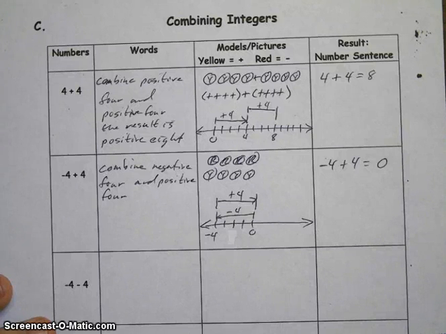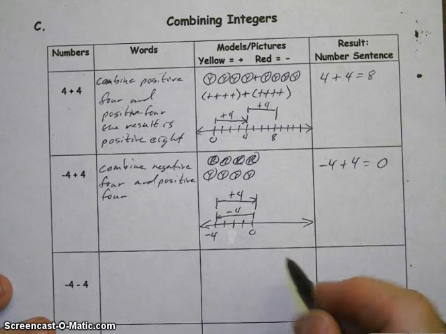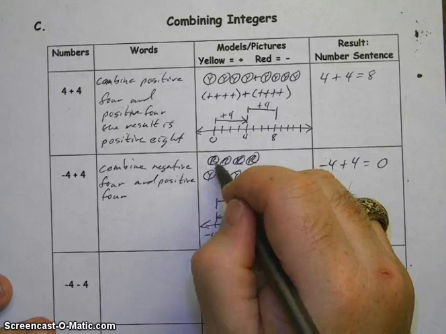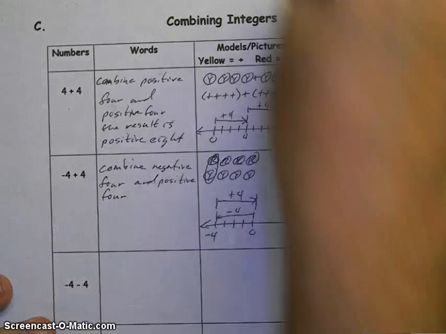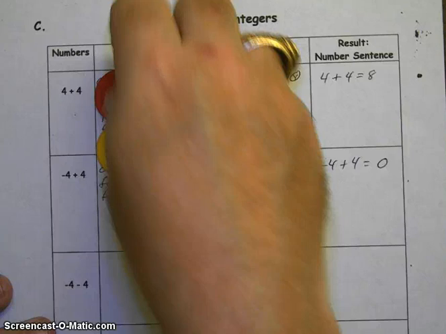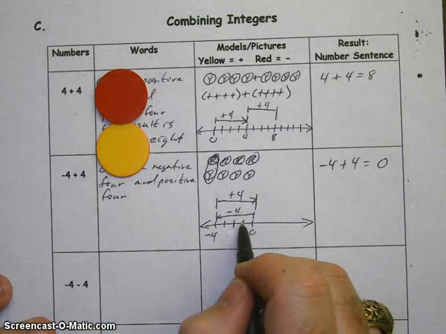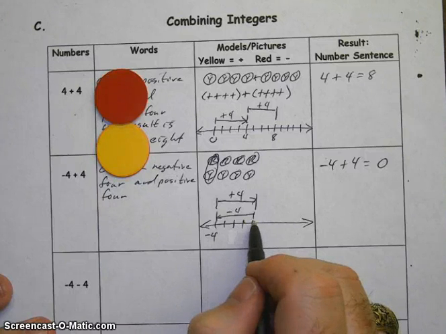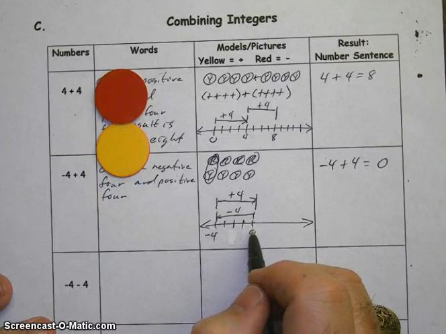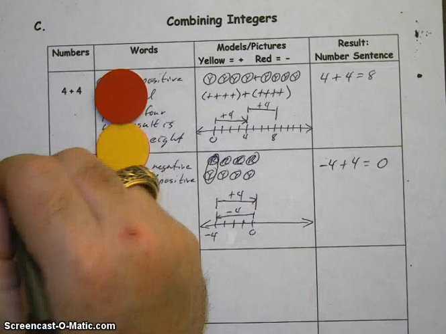Another way to think about that is anytime we put a positive and negative together, one red and one yellow circle together, okay, if we go on the number line 1 negative and then go back 1 positive, we end up at 0. Okay, this is what we call a zero pair.